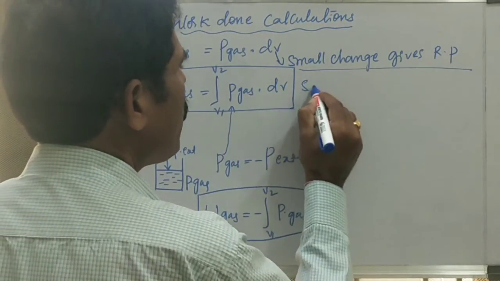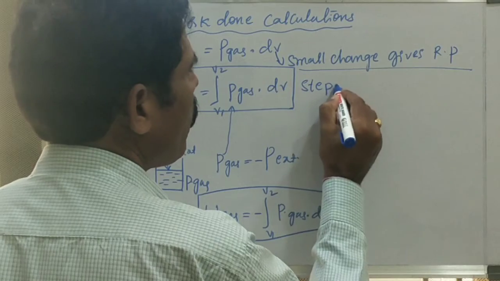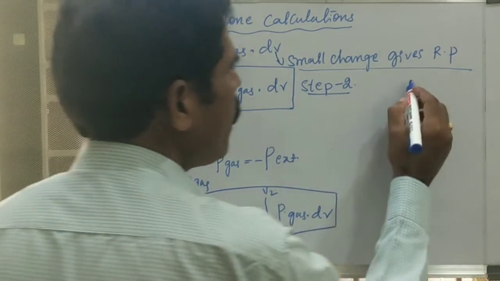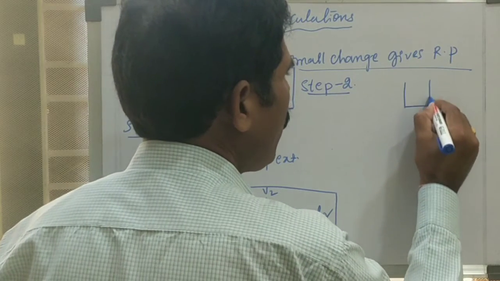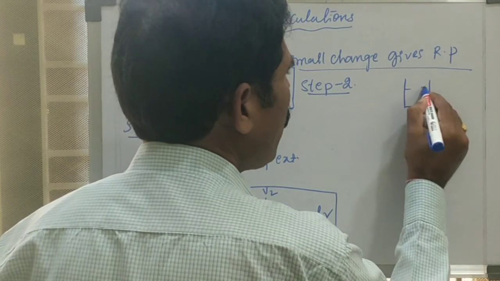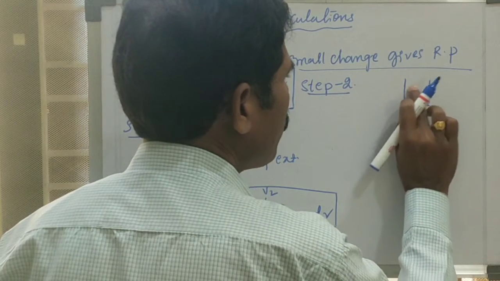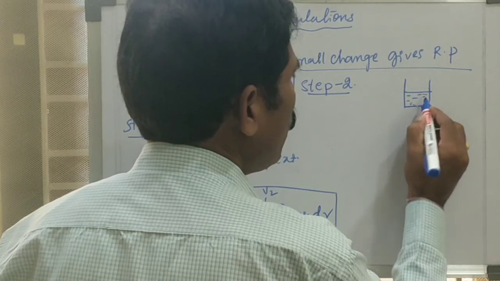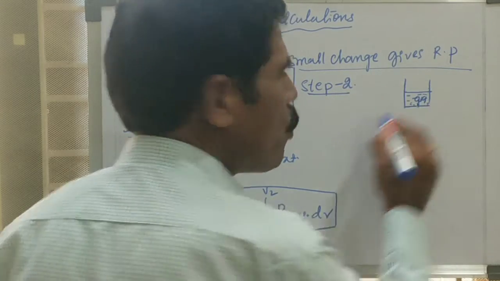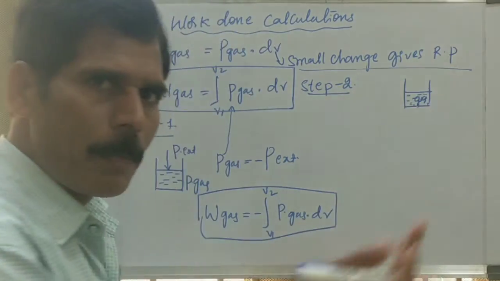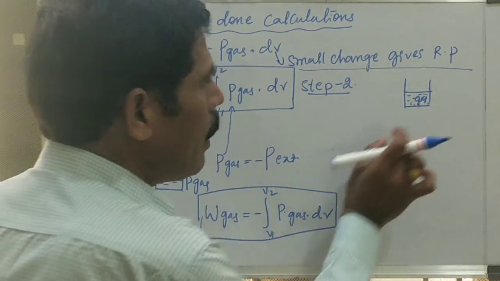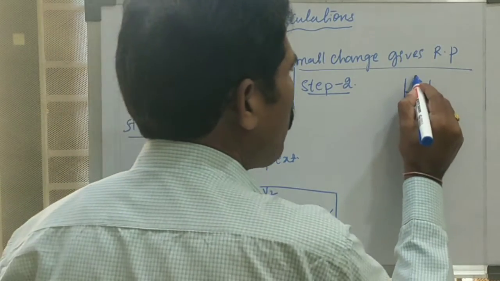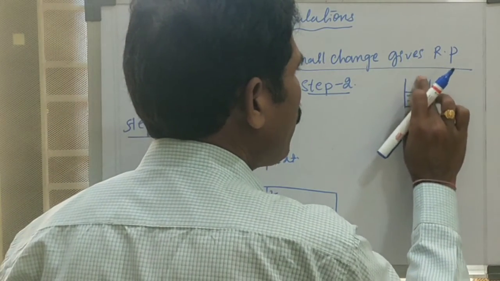What is step 2? See that. Here also step 2. This is the container or cylinder. Up to here the gas was taken, and that gas has pressure; atmospheric pressure is also there. If the pressure of gas is more than atmospheric pressure, the piston is lifted upward.